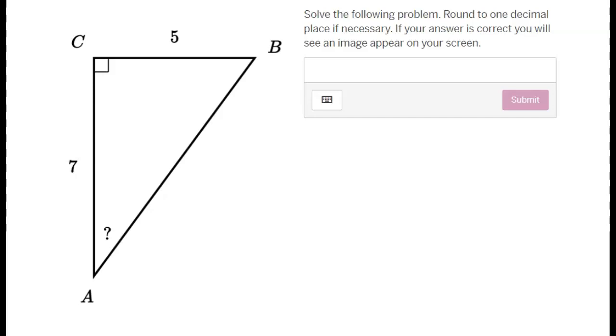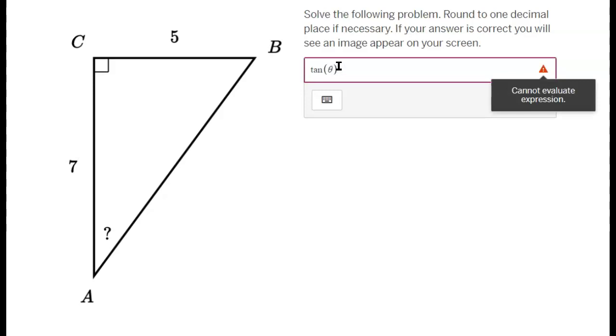Notice the question mark is on angle A. I can draw an arrow from angle A to the opposite side. I do have the opposite side here. And then I notice that I don't have the hypotenuse, but I do have the adjacent to angle A. Therefore, I'm going to use tan theta because I have the opposite and the adjacent.